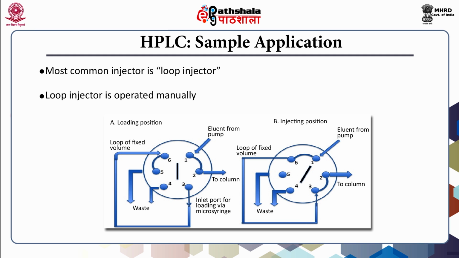So, the mobile phase is now passing through the loop to the column. That means it takes the entire sample we injected at the loop, and that entire sample is transported to the column. That is the principle of the loop injector used in HPLC.